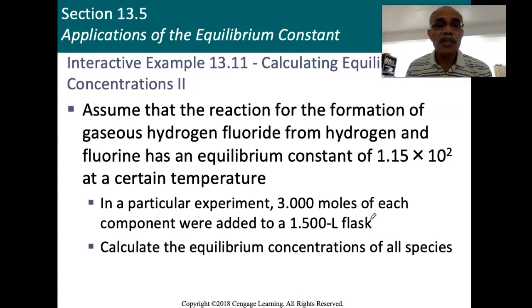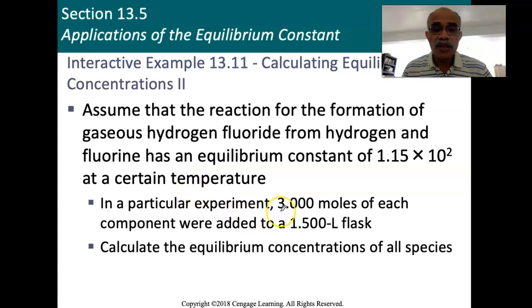Now let's look at another example for calculating equilibrium concentration. Here we're looking at the formation of hydrogen fluoride from hydrogen and fluorine, and you're given the equilibrium constant as 1.15 times 10 to the power of 2 at a particular temperature.